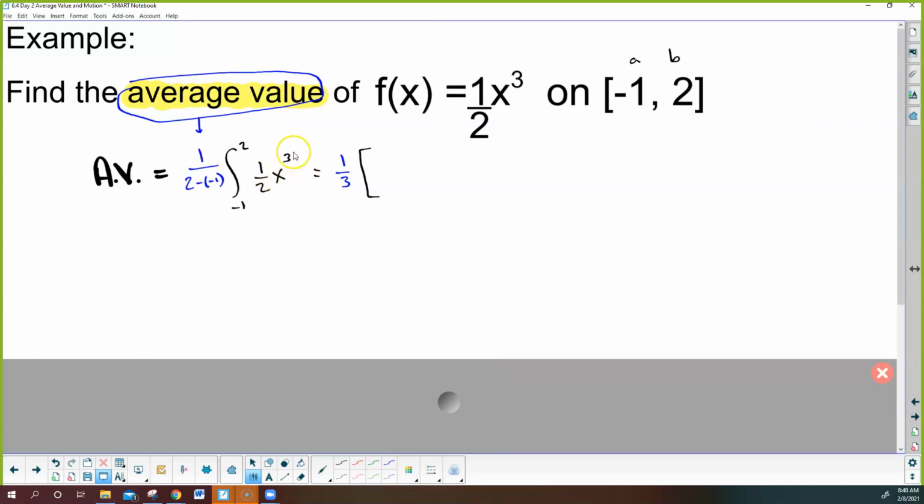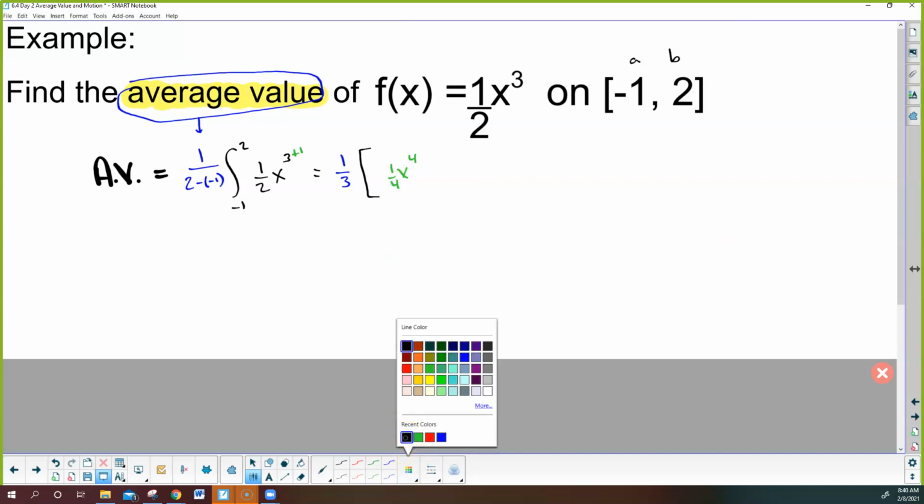So I'm going to go ahead and add 1 to the exponent because we're undoing the power rule. So if I put a 4 up there, remember I have to multiply by 1/4. But notice that 1/2, I didn't really do anything with that yet. So I'm just going to think of that 1/2 as a multiplier.